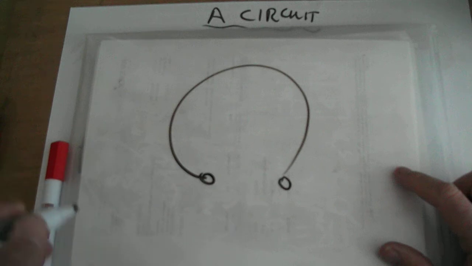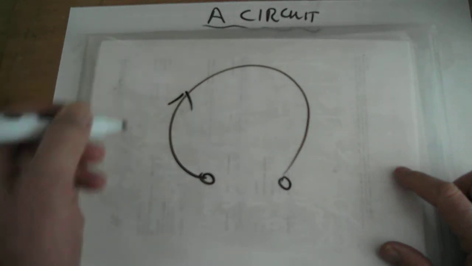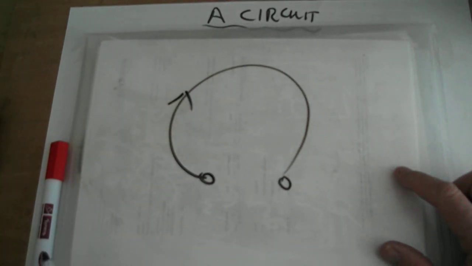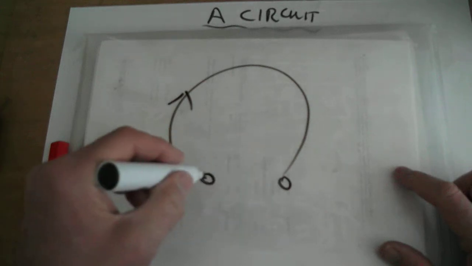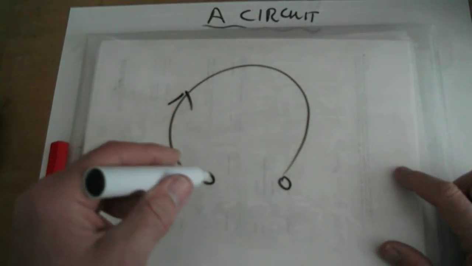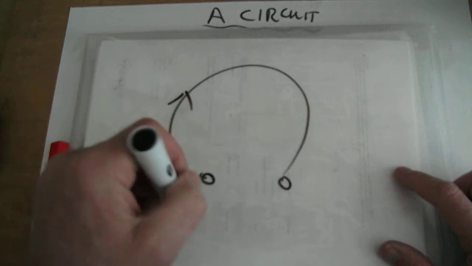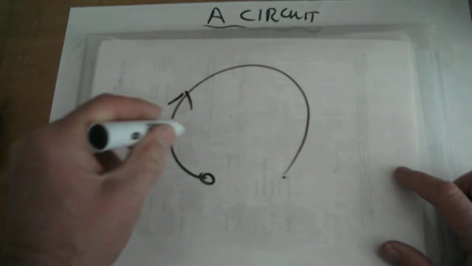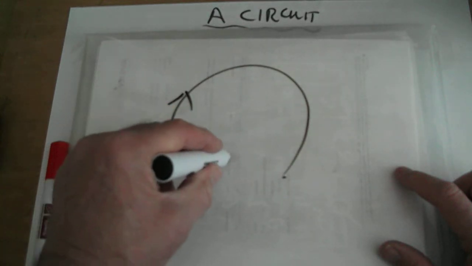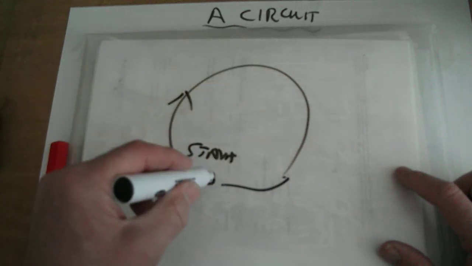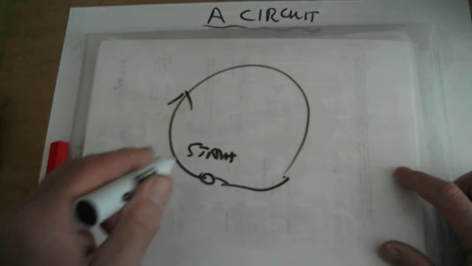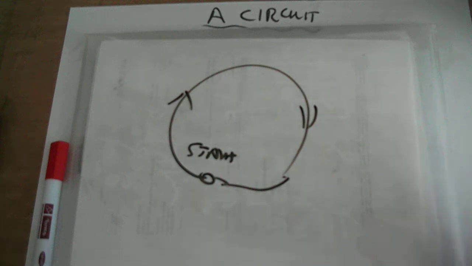So the idea of a circuit then is, we all know what a circuit is in real life. We might have a racing circuit, a horse racing circuit, a running track or anything like that. Basically you start at a certain point, you go around the track and you come back to the origin again. And the same applies with electricity.